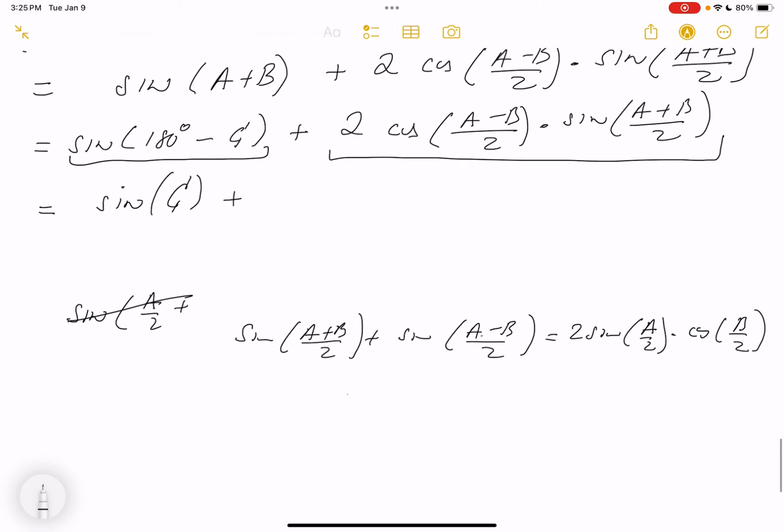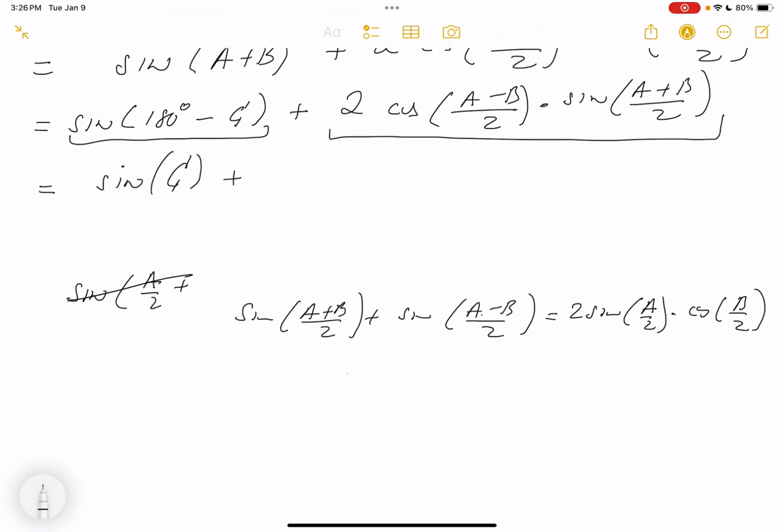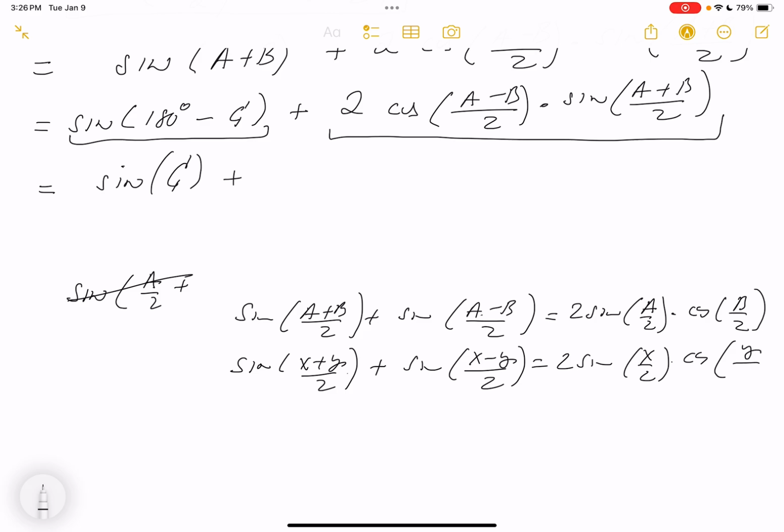So I'm going to rewrite it so it looks sort of like this one over here. And I realize, using the letters, maybe I'll use different letters instead. Let me use x plus y over 2, sine x minus y over 2, equals 2 sine x over 2 times a cosine of y over 2.